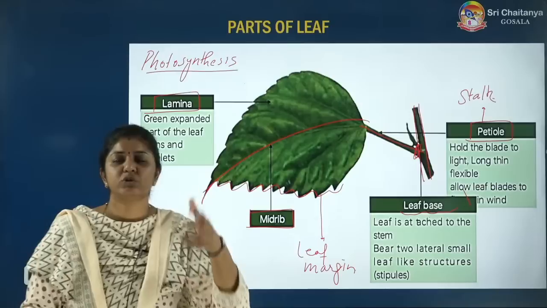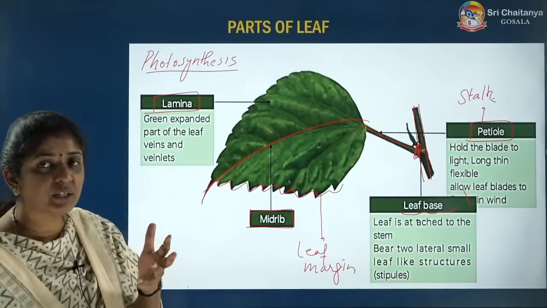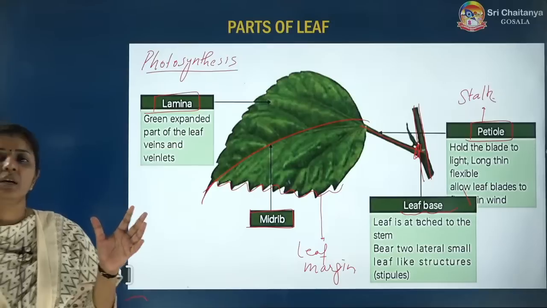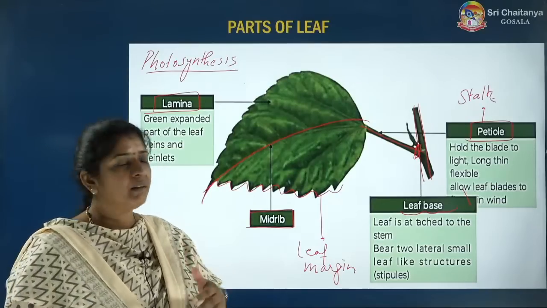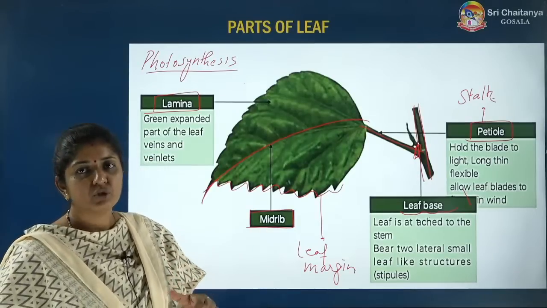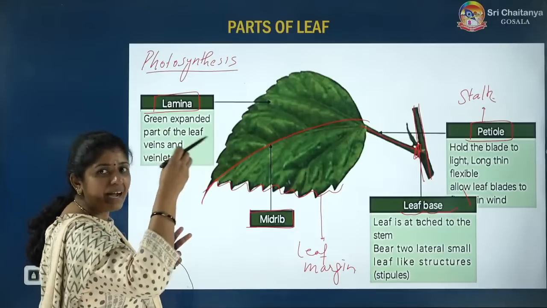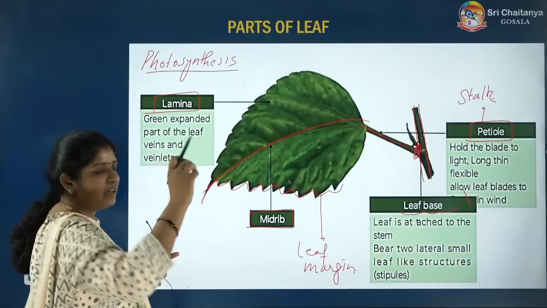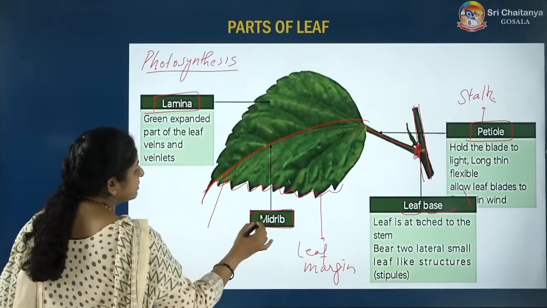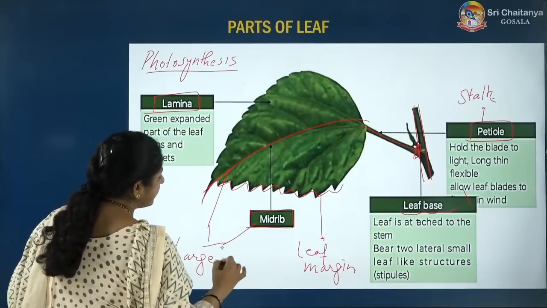What is a vein actually? Like in our body we have veins, veinlets, right? Blood vessels which help in transportation of blood there. Here it is not of blood obviously, this is of water and minerals. So they are helping in conduction. So that biggest pipe, or you can say vein, that you call what thing? Midrib.